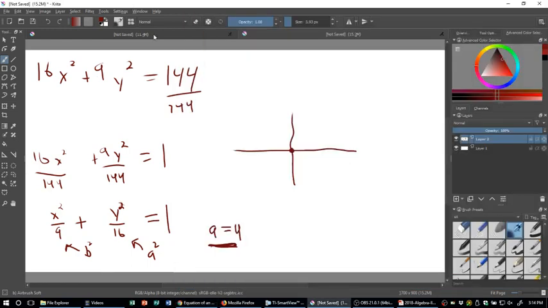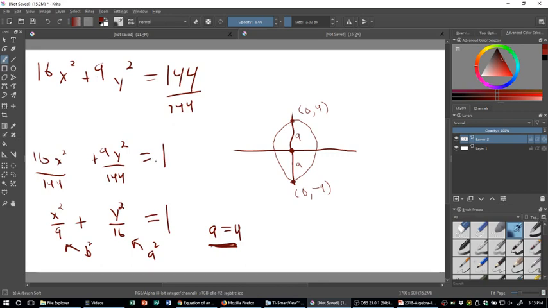So I know that this is going to be taller than it is wide, which means this is a vertex and this is a vertex, and because it is A units away from the center, this would be at 0, 4, and this would be at 0, -4. So there's our answer. You can see that you have to be very familiar with the equation of an ellipse for this question.